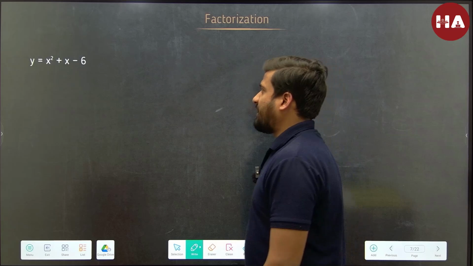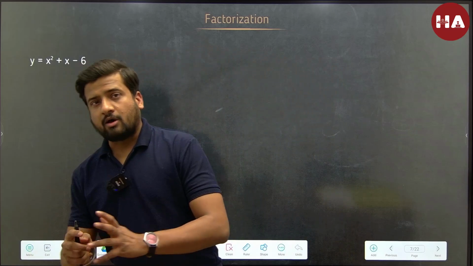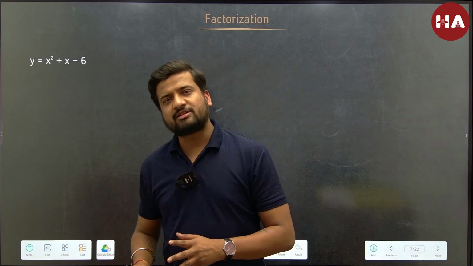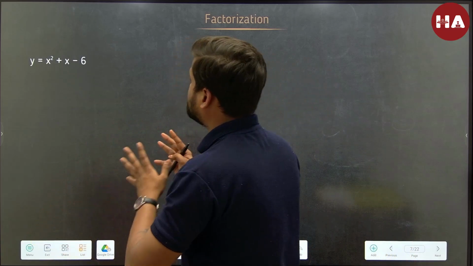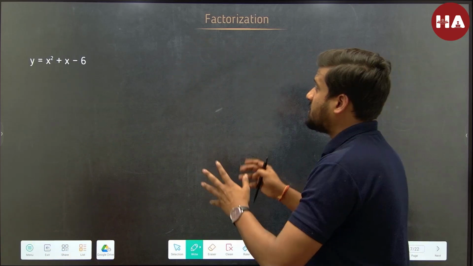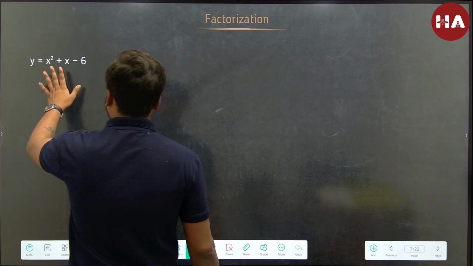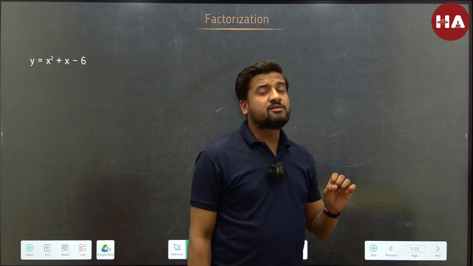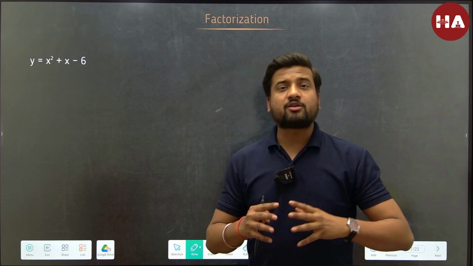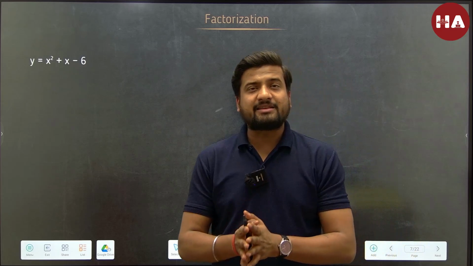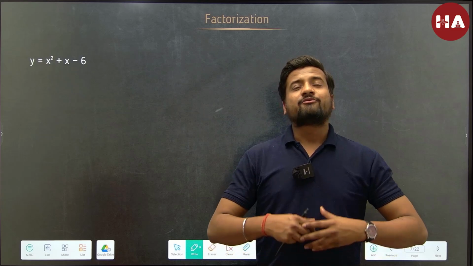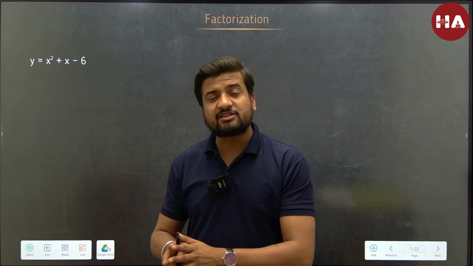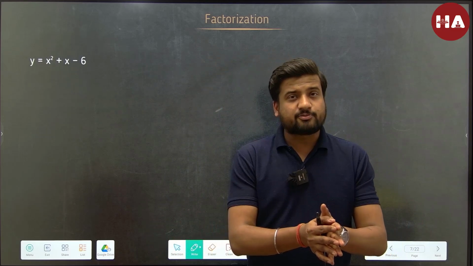We have factorization. Now, we have already used factorization in the previous question, and I know nearly all of you know how to do factorization, but we are still going to do it. Now, we have a quadratic expression. Before we start off, let me tell you, factorization can be used for quadratic as well as cubic, but we cannot use factorization directly in cubic expressions.